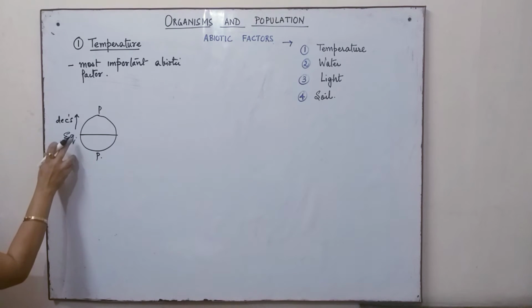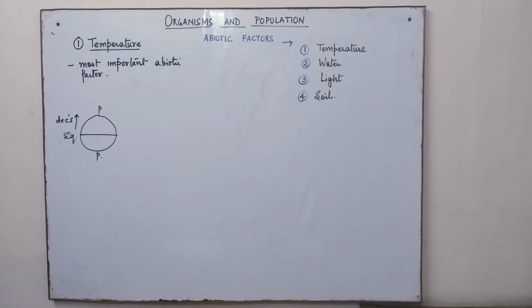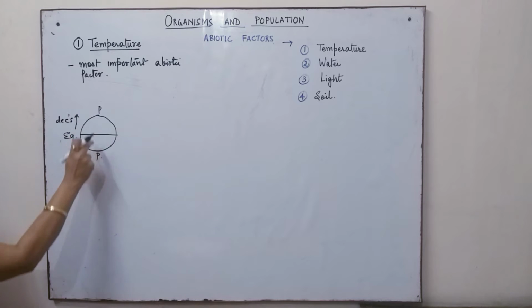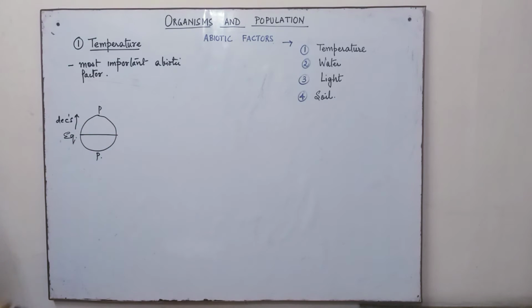This is because the equatorial region receives the direct rays of the sun and therefore the temperature is very high, whereas the polar region receives the slanting rays of the sun, and therefore the temperature is comparatively very low.